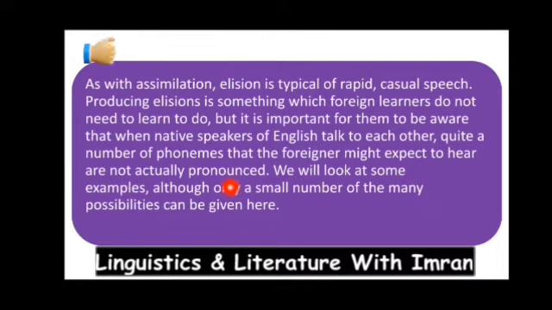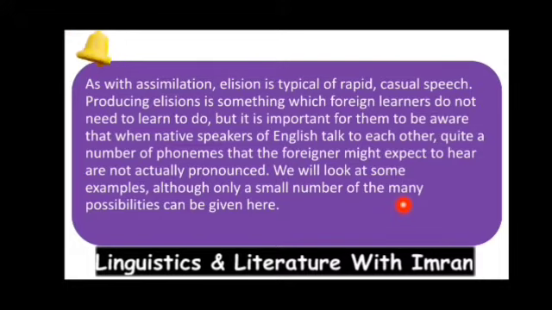So we expect that these letters or these sounds would be spoken, but we do not hear them because these sounds are left out by native speakers of English. We will look at some examples, although only a small number of the many possibilities can be given here. So we will just talk about a very small number of possibilities where elision occurs or takes place.